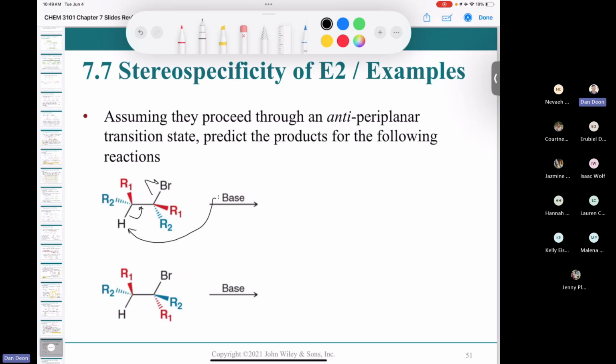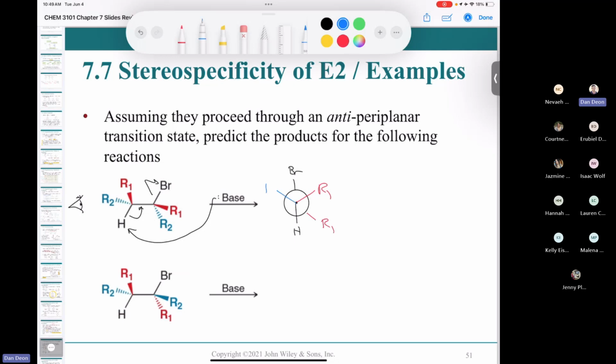Now, I'm sure you can answer that without my help, but I'll show you the proper way to do it, which would be to look down the carbon-carbon bond and make a Newman projection so that the proton, the hydrogen, and the bromine are anti-periplanar. You can see that on the carbon in the front, I have the red R1, and on the carbon in the back, I have the red R1 coming over here.